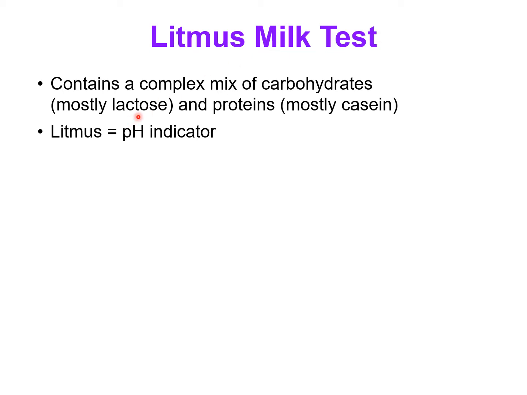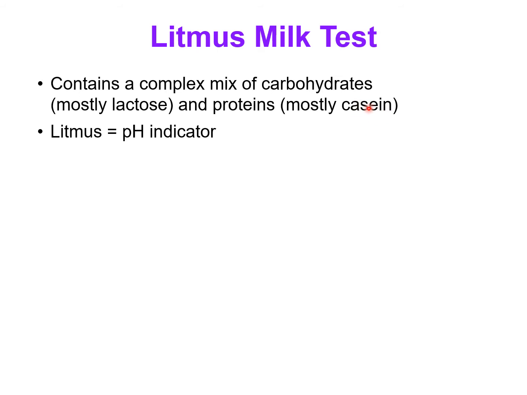Lactose, so there's going to be a bunch of lactose in this media. Milk also contains proteins. What type of protein does milk contain? Mostly casein. There are, of course, other proteins, but mostly casein. So there are two important nutrients in this broth: the lactose sugar and the casein protein.